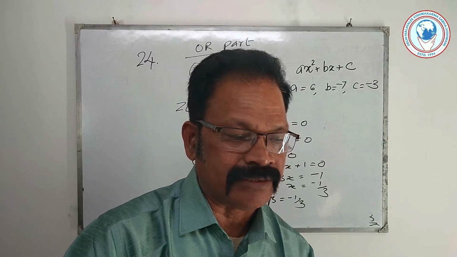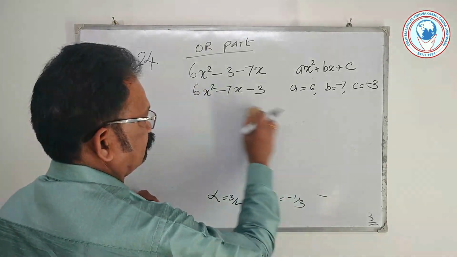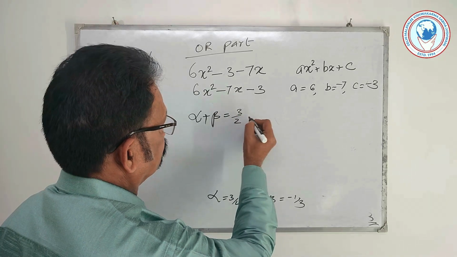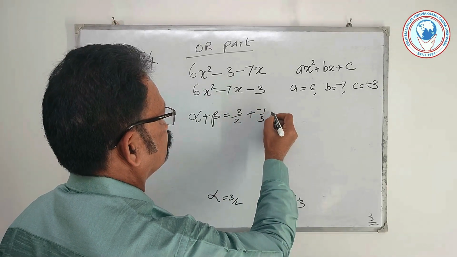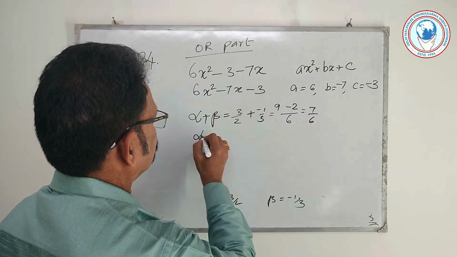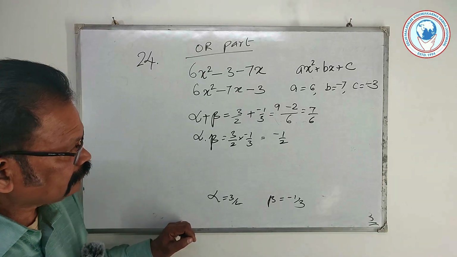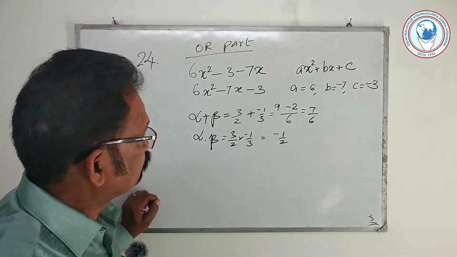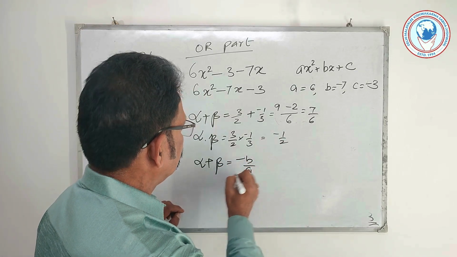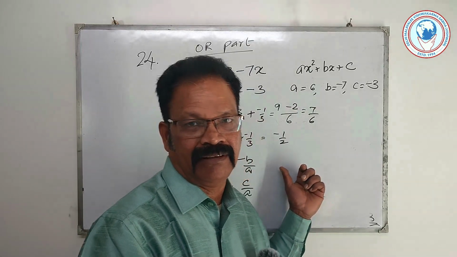Relationship between roots and coefficients. Now the relationship is alpha plus beta is minus b by a and alpha into beta is c by a.